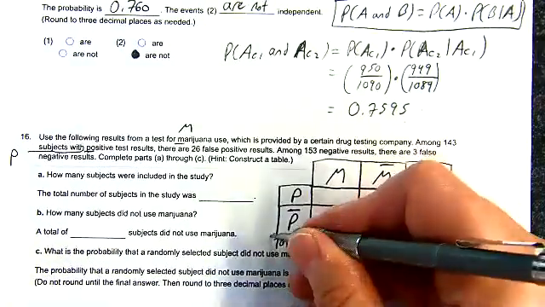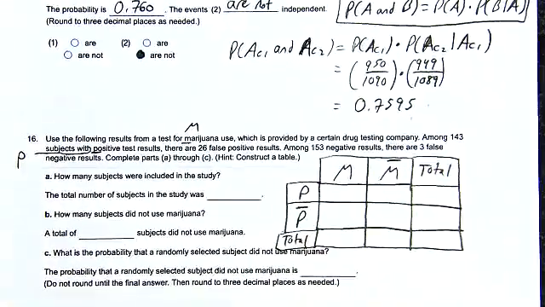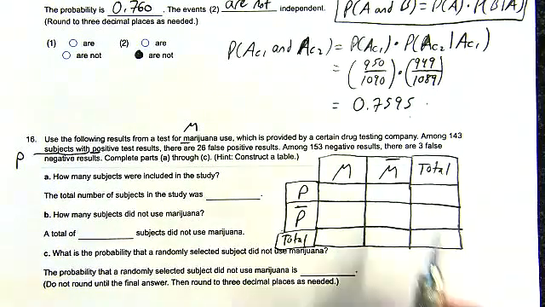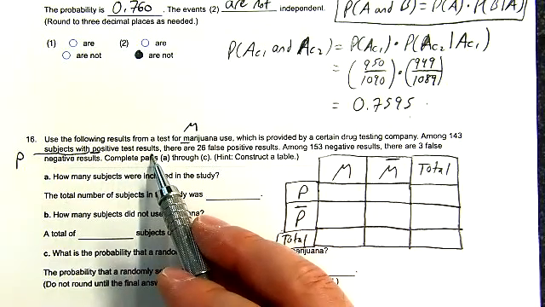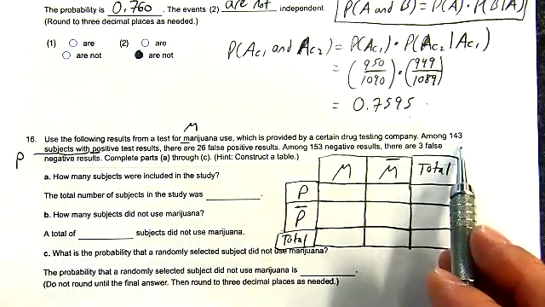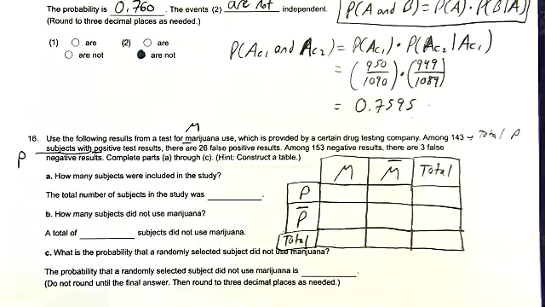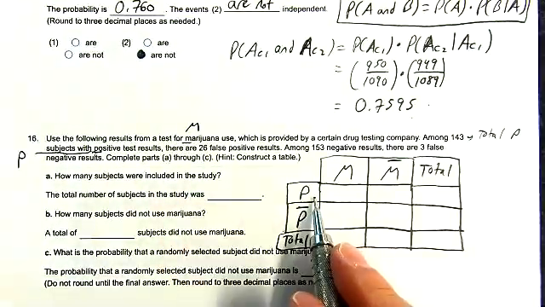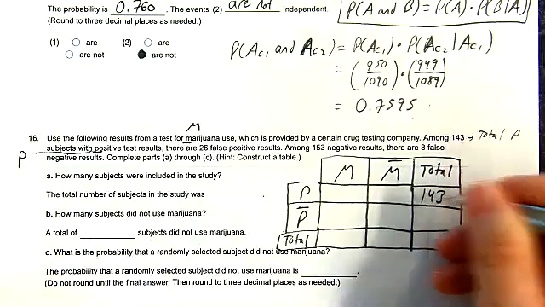And this is where it gets a little tricky because now we have to fill it in. So the first bit of information says 143 subjects with positive test results. So notice this 143 is the total P. It's the total positive test results. So this row here, the total is 143.